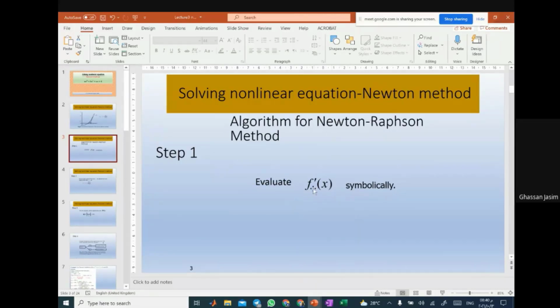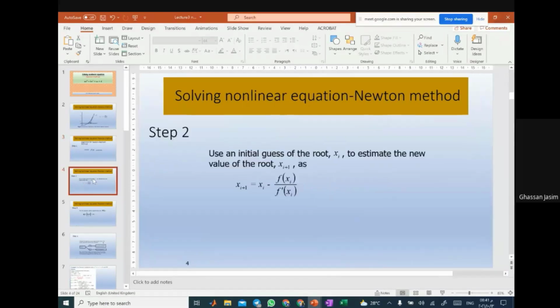The first step is to evaluate f dash of x, and it is easy. Then you just need an initial guess of the root. You have to have one point, xi or x naught, to estimate the new value of the root, xi plus 1, and use this function.